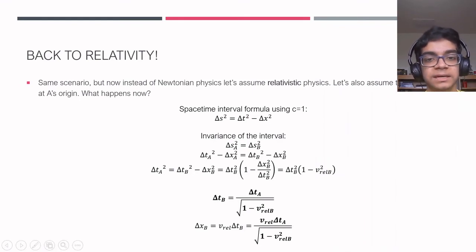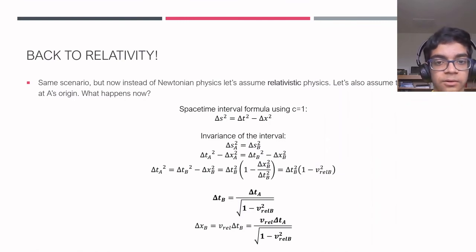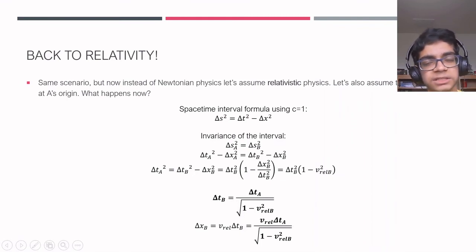So the interval for A for O is the same as the interval for B looking at O. So, let's say that this doesn't necessarily occur at the origin, but it occurs at A's x-axis origin. So that means that our delta x squared A term completely drops out, because if it occurs at the origin, well then delta x is 0. So then we just have delta t A squared equals delta t B squared minus delta x B squared.